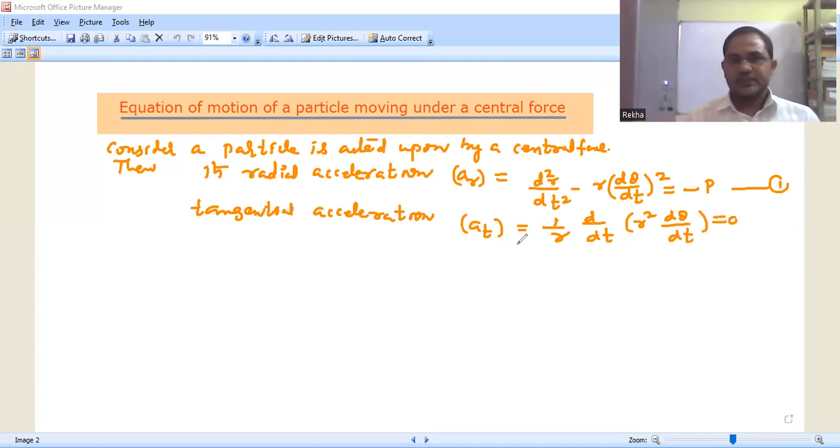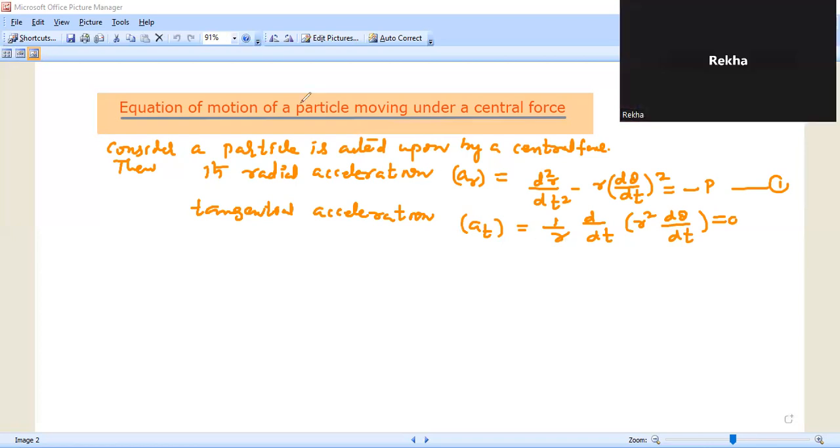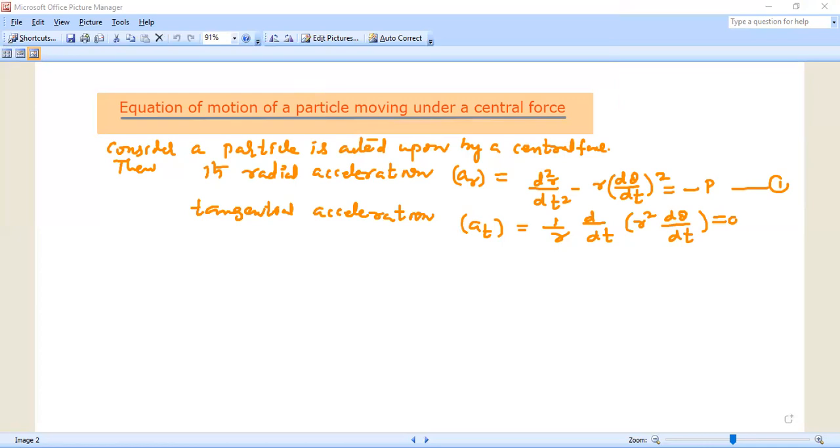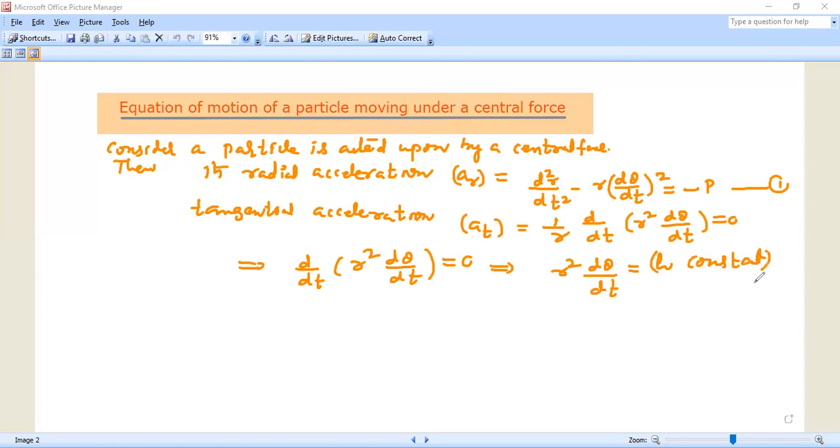So from this we can write d by dt of r square d theta by dt equal to 0. R square d theta by dt is equal to constant, say that is h, small h, constant.